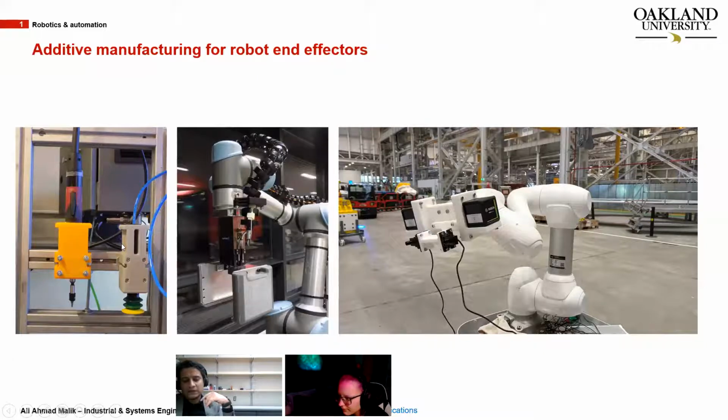But as I said, at least in the development phase, they provide a good solution. Once you have finalized the design and everything is decided, then you can go for more expensive tools. But for many applications, they are a good option to replace machined components or machined end effectors.